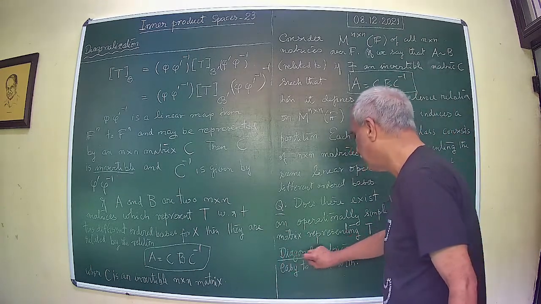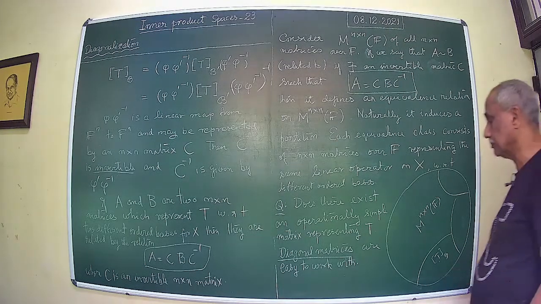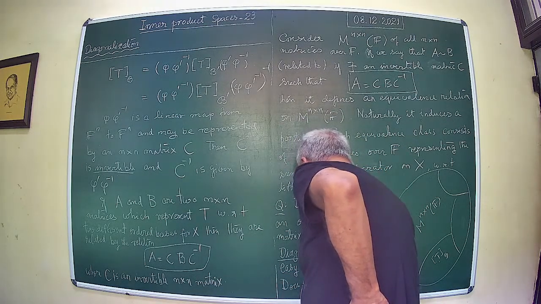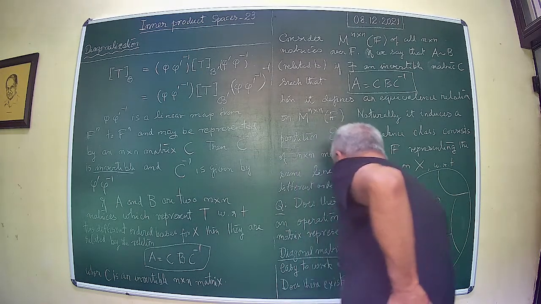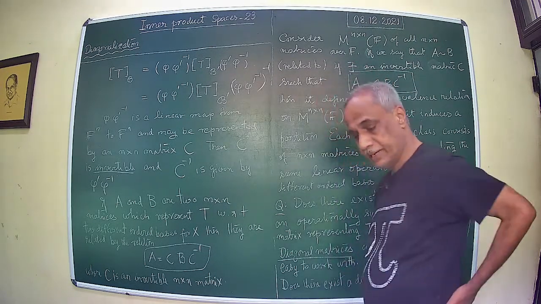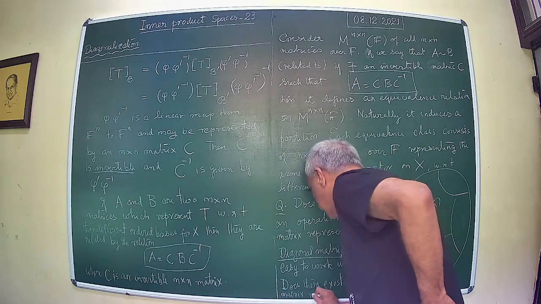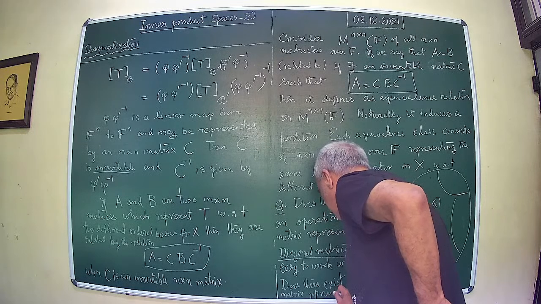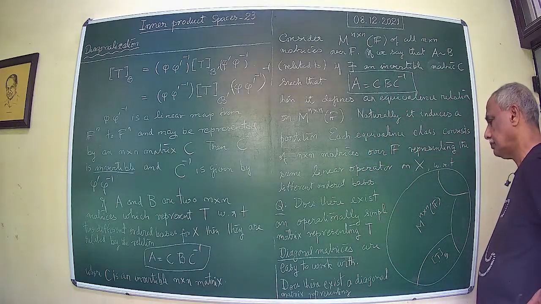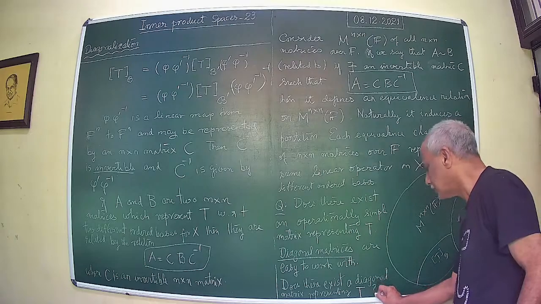Therefore, we would like to see whether you can get a diagonal matrix representing T. This is the question. This is the problem of diagonalization.